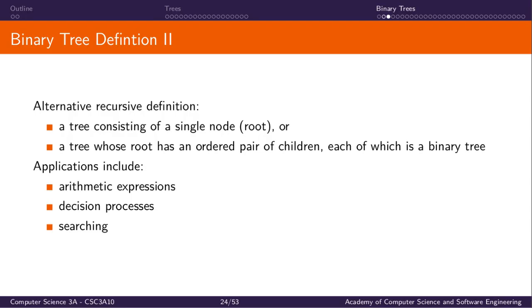If we always store values that are less than or equal to a particular node on the left subtree of that node, and ones that are greater than it on the right subtree of that node, then to do a binary search we would simply check at each node: are we looking for values greater than or less than this particular value? If we're looking for ones that are greater, then we go to the right child and keep moving down. If we are looking for values that are less than or equal to, then we move to the left child.